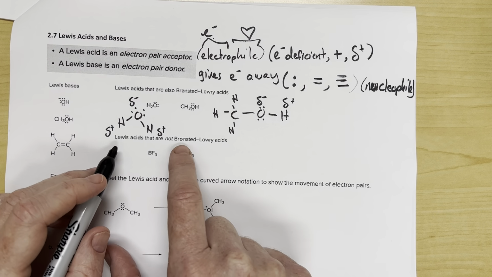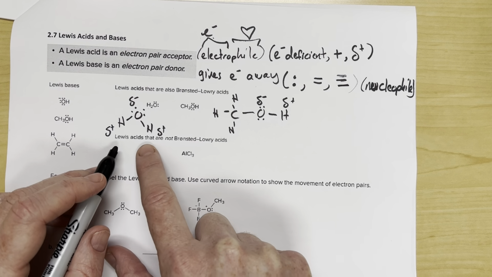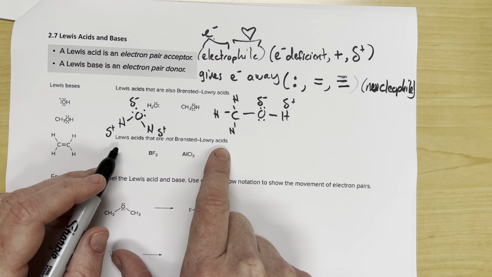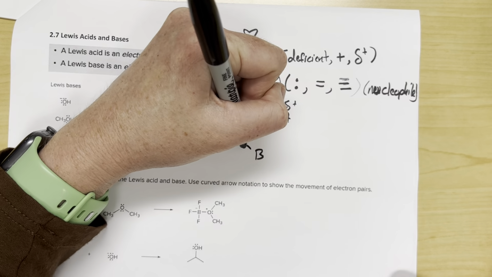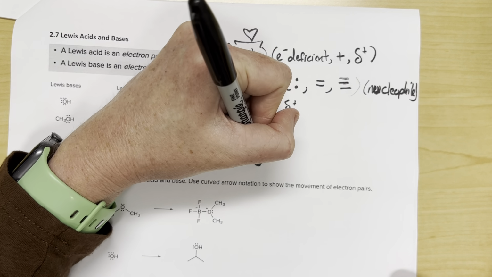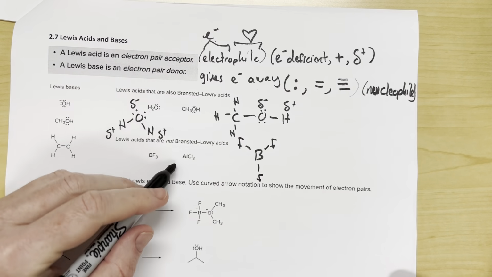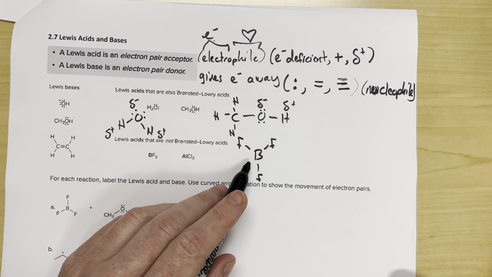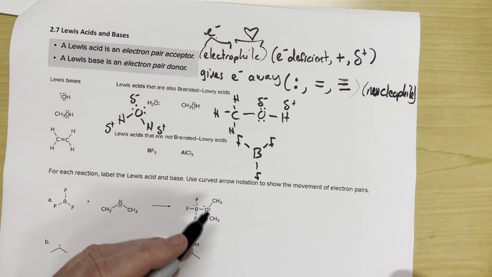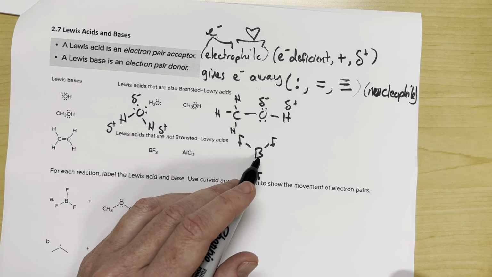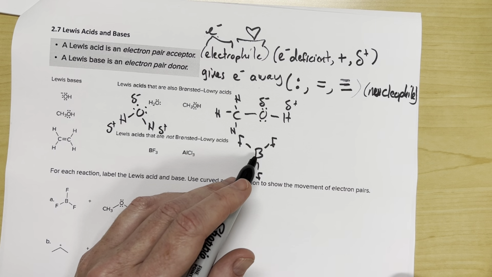And here you have Lewis acids that are not Bronsted-Lowry acids. So you have F, F, F, and then notice that it doesn't have an H on it, so it can't act as a Bronsted-Lowry acid, but it does have an electron deficient site.